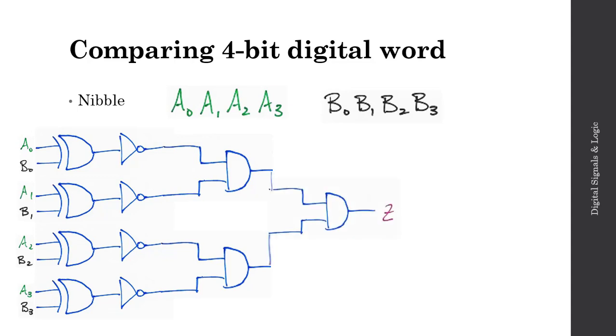I'll add one additional AND logic gate here to compare those 2 subsequent outputs, and that will allow me to describe my final output, Z. So Z will only be equal to 1 in the case where A0 equals B0, A1 equals B1, A2 equals B2, and A3 equals B3.